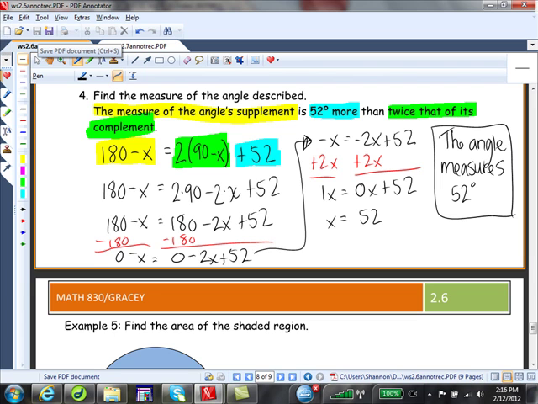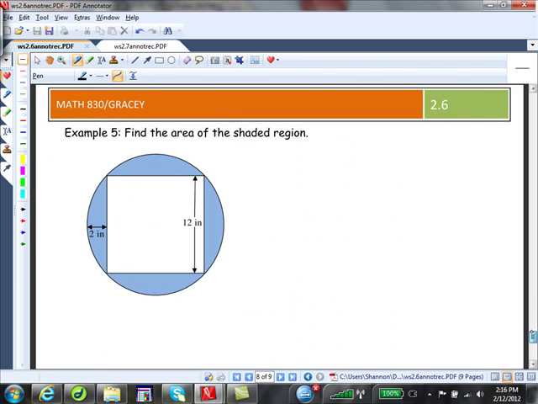Okay, last page. Last page. So here we are. How are we going to figure this out? I mean, what do we have? We have a circle, and we have this square inside the circle, or is it a rectangle?